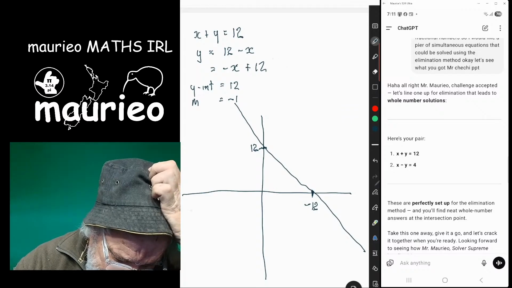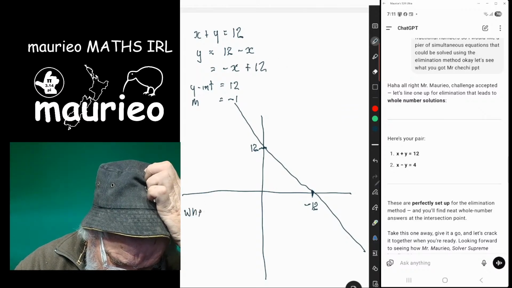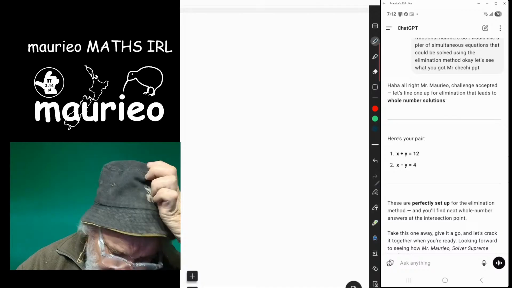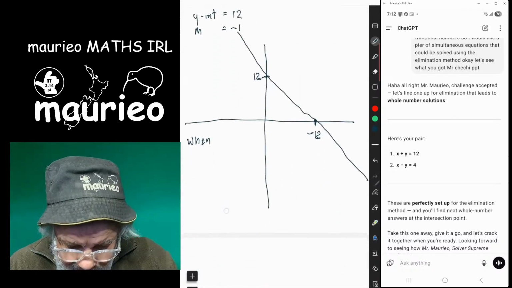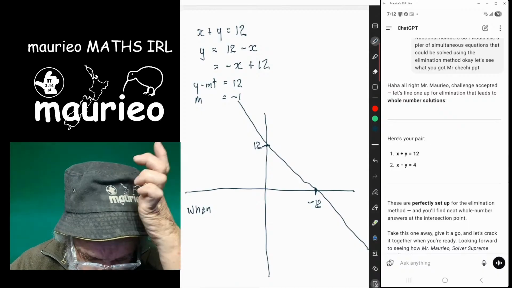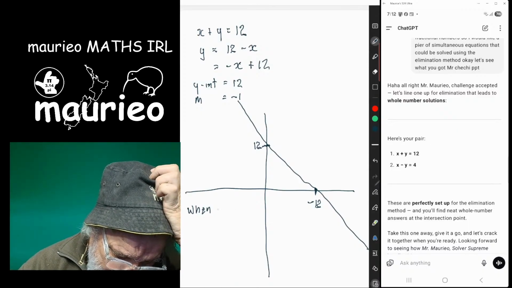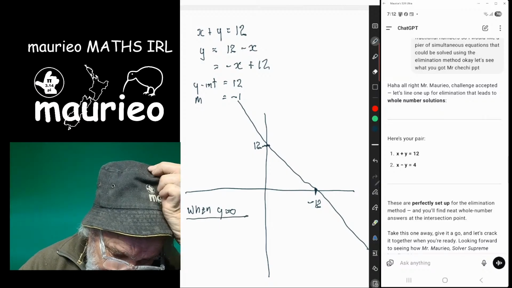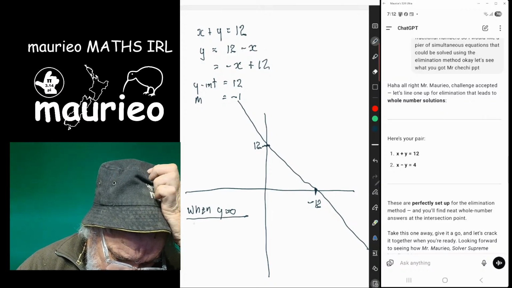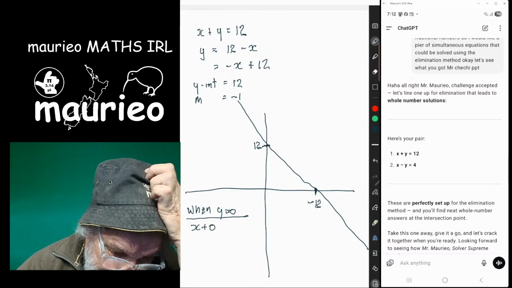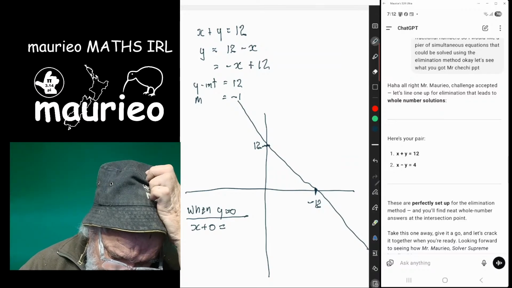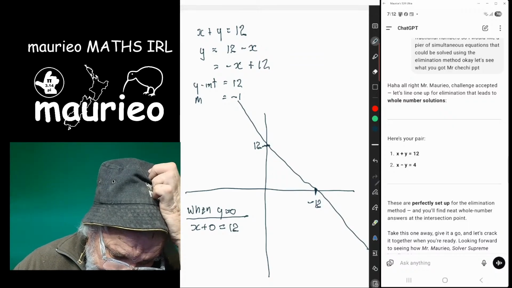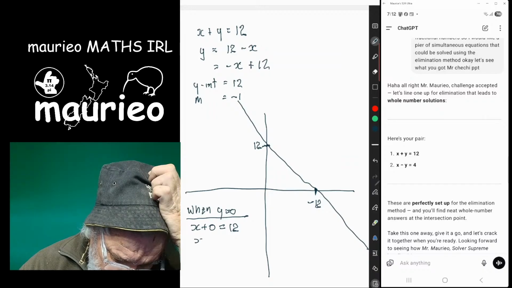However, we can test that out a little bit more. When y equals 0, just to confirm this, you'll see that you get x plus 0 equals 12, and x equals 12.